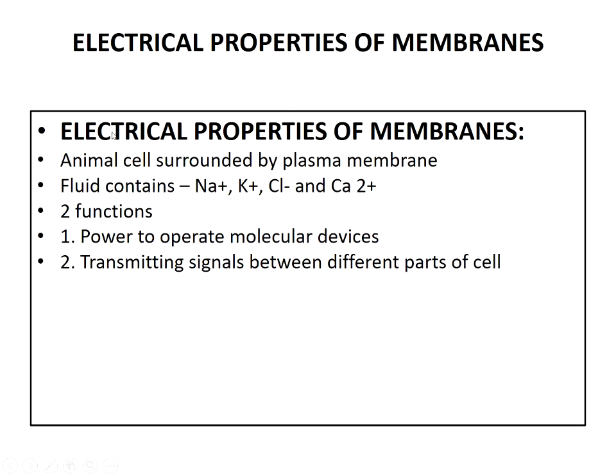And let's discuss the last topic, that is electrical properties of membranes. All animal cells are surrounded by a plasma membrane. The fluid on both sides of the membrane contains a high concentration of mobile ions.